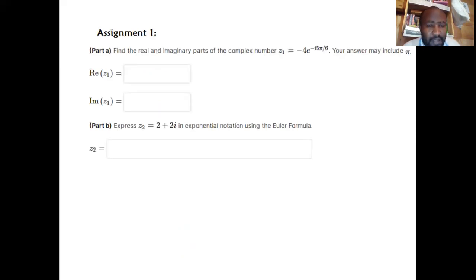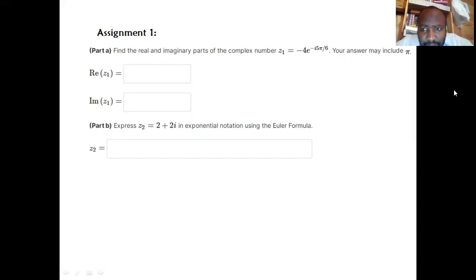And to stop, here is an assignment that I have given you. It's a simple assignment. You are told to find the real and the imaginary part of the complex number.